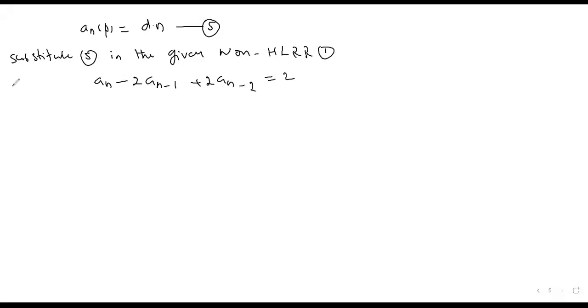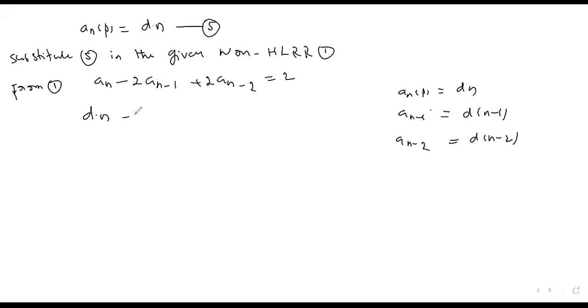This is equation 1. In this equation 1, substitute this one. An of P means Dn. An minus 1 of P means, at the place of n we substitute n minus 1. An minus 2 means at the place of n substitute n minus 2. Substitute these values here.